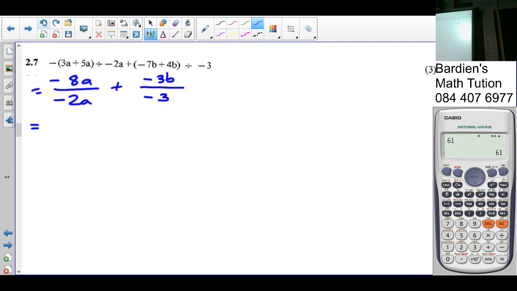So what's negative divided by negative? Positive. 8a over 2a. 4. What's positive times negative, divided by negative? Positive. Yes, absolutely. The a's cancel. Okay. So this is going to be negative divided by negative? Positive. 3 cancels 3. Not so? Answer is b. So it's 4 plus b. You all okay with that? Thank you for correcting that.